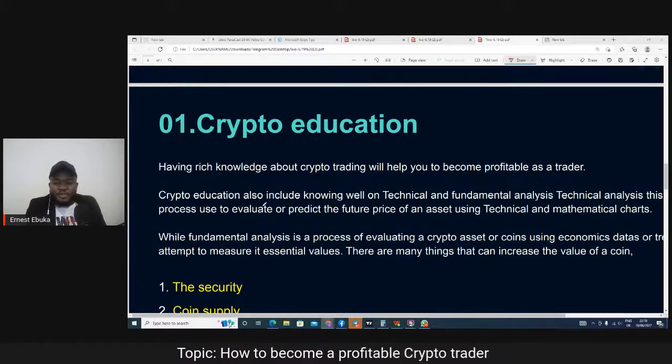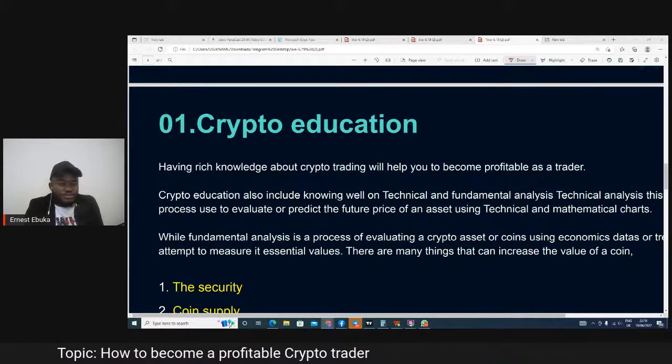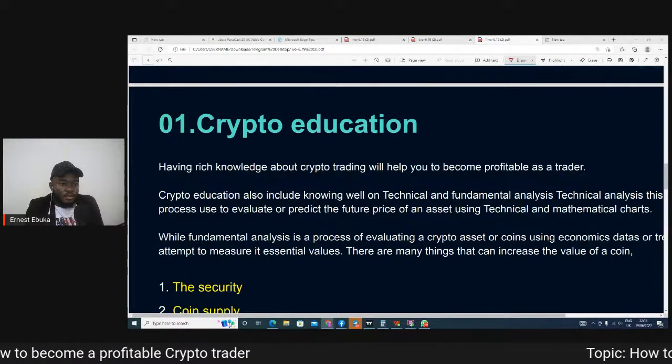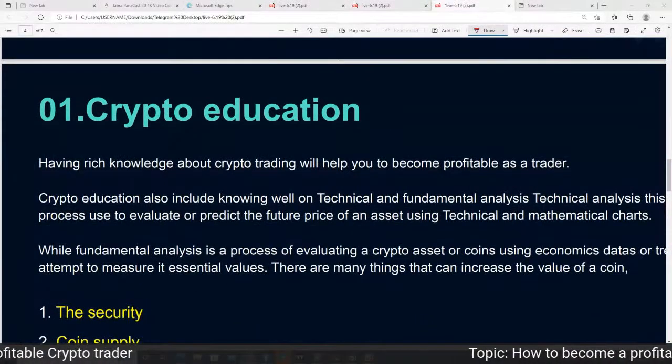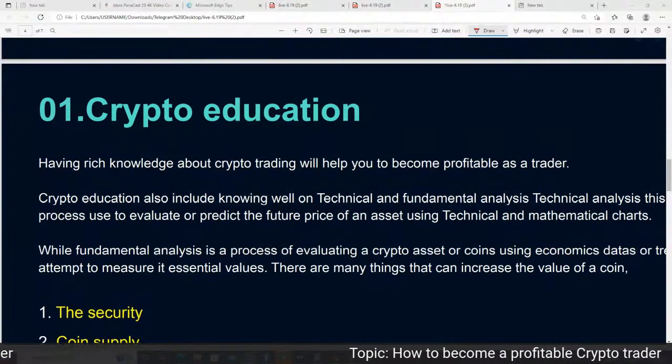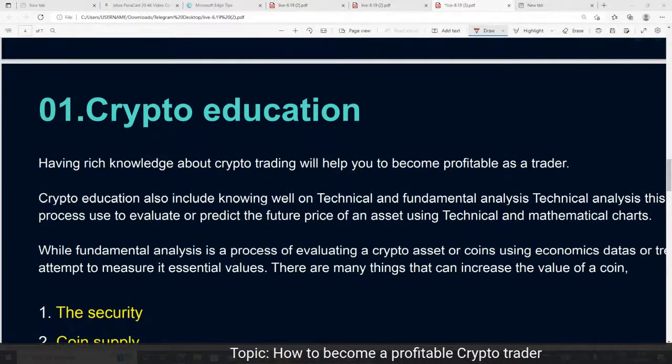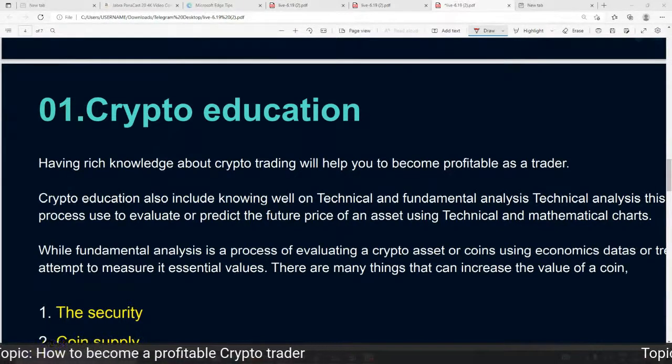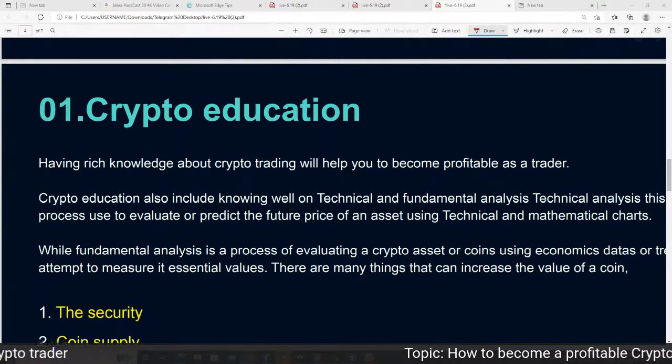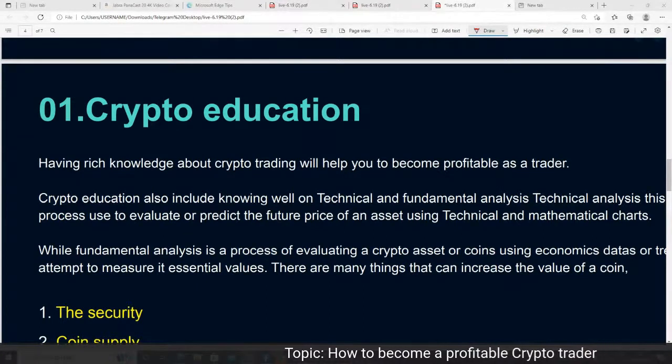Crypto education also includes knowing technical and fundamental analysis well. Technical analysis is the process used to evaluate or predict the future price of an asset using technicals and mathematical charts.